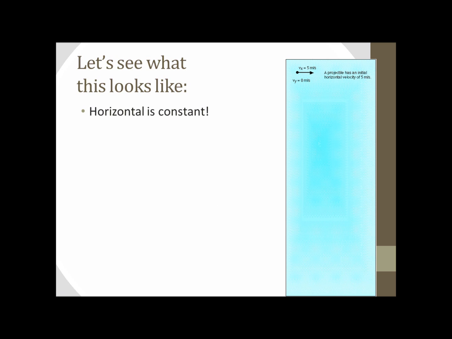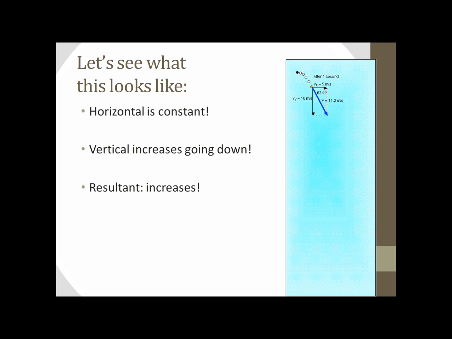And at 30, it's still 5 meters per second in the horizontal. So, horizontal is constant. The velocity in the horizontal is constant. The vertical increases as you go down, and that's because what's affecting it? Gravity. And so the resultant, which is our blue arrow right here, also increases, and that's because this vertical component is increasing, so the overall resultant is increasing.